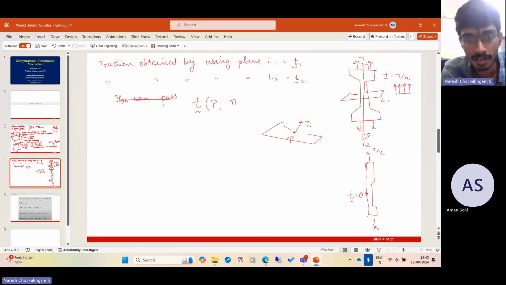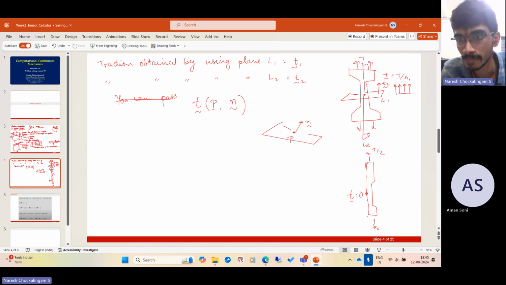It's only the normal. So you cannot define traction without referring to a point and a normal. So a point and a normal together define a plane passing through that point. You can only say traction at that point on a plane which contains a normal.